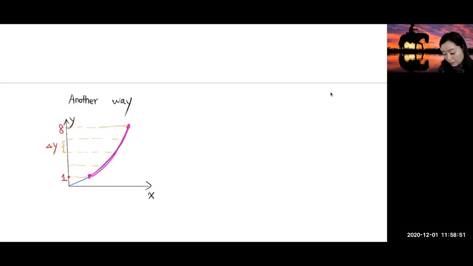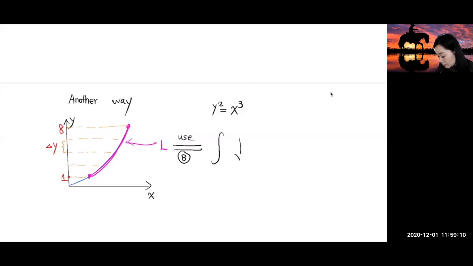So we have y squared equal to x cubed. This arc length, this L, when I use B, what integral does this correspond to? This time instead of dx, we're going to have dy outside, and y goes from 1 to 8.